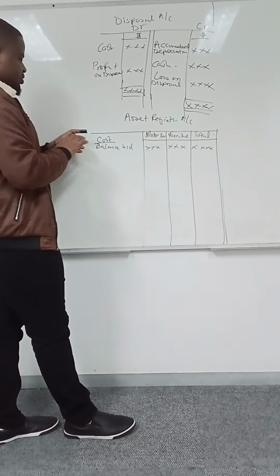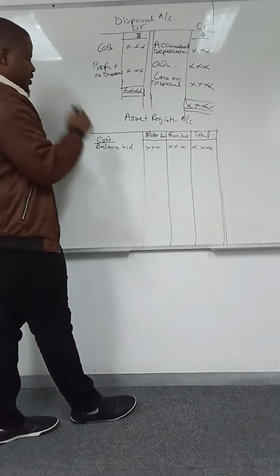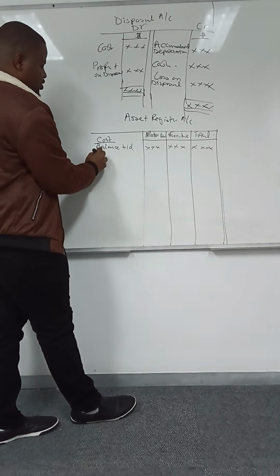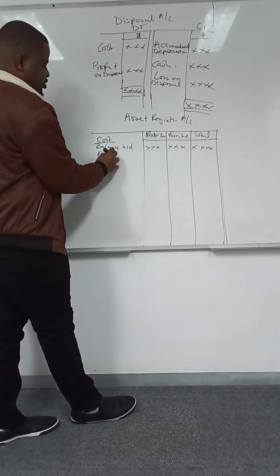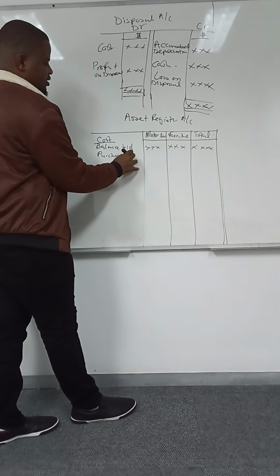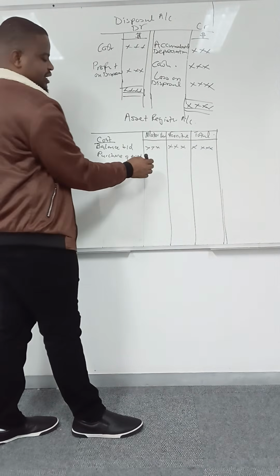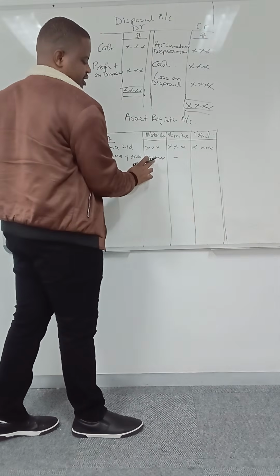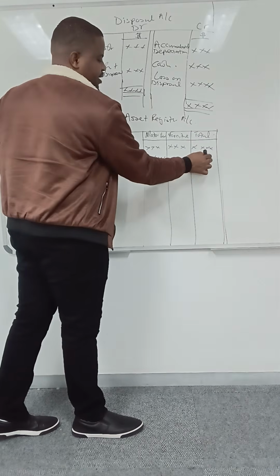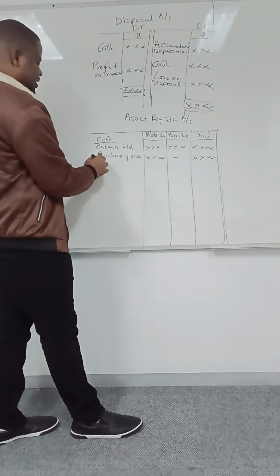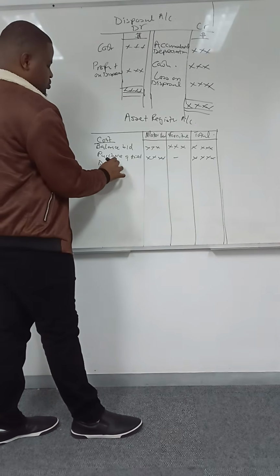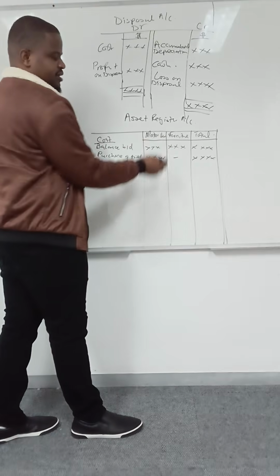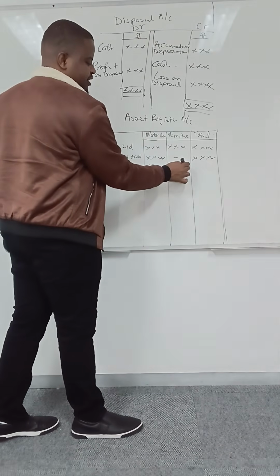Then after the cost, if we purchased, we put the purchase of assets. If we bought a motor van, we put it, or if we bought furniture maybe, we put it. Then if we did a disposal, maybe on the motor van, or we sold furniture, we put it in brackets.